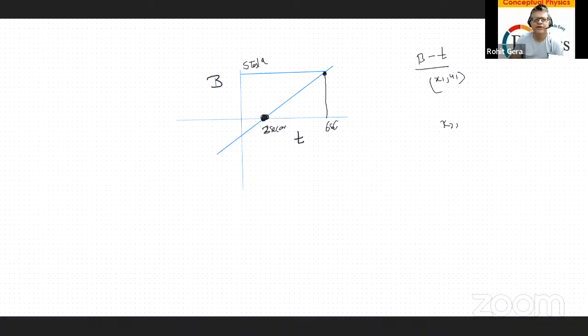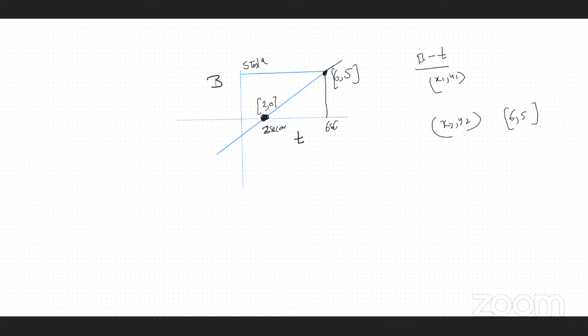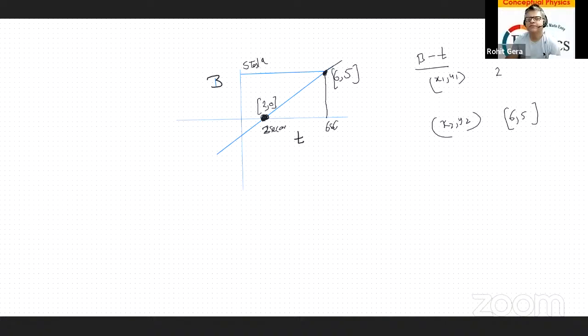So मैं 2 पॉइंट देखता हूँ. इसका क्या कोऑर्डिनेट है? इसका कोऑर्डिनेट है 6, 5. x एक्सिस में 6, y एक्सिस में 5. तो एक कोऑर्डिनेट मैंने लिख लिया 6, 5. दूसरा कोऑर्डिनेट जो मेरा आ रहा है वो आ रहा है ये वाला. इसको मैं लिख सकता हूँ 2, 0. So I write it as 2, 0.